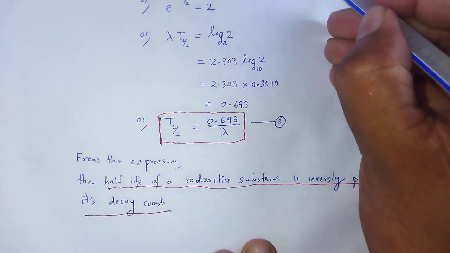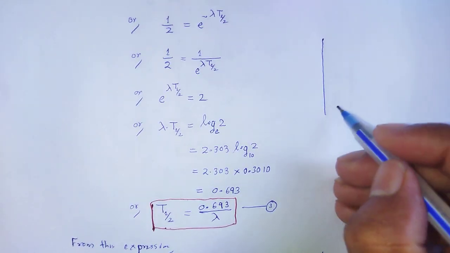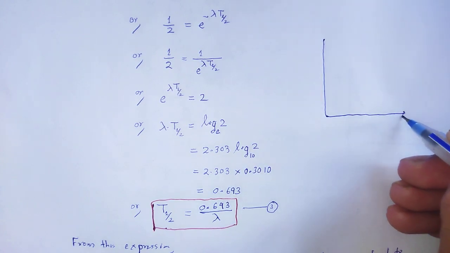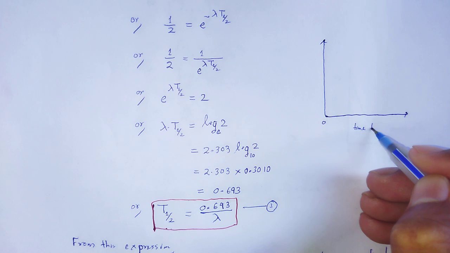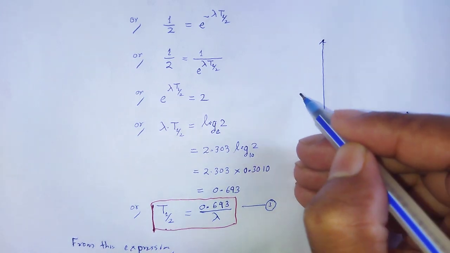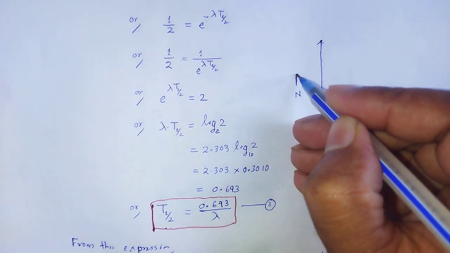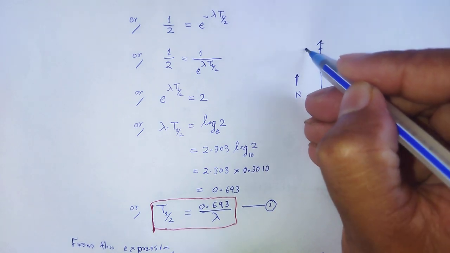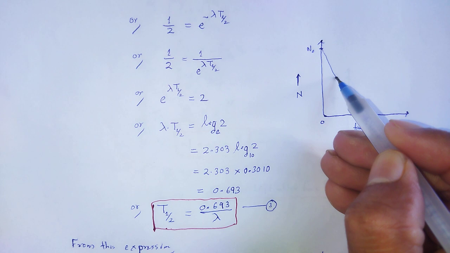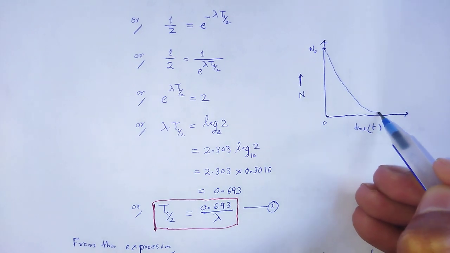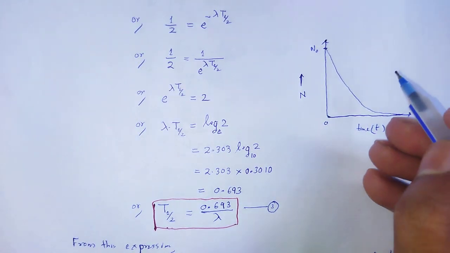If we plot a graph between time and N, initially it is N naught, and gradually it will decrease and meet at infinity.